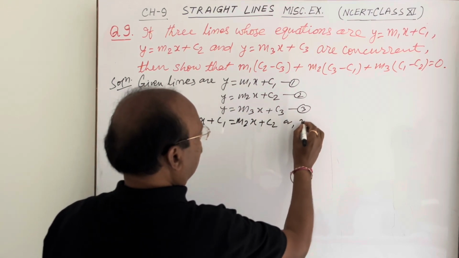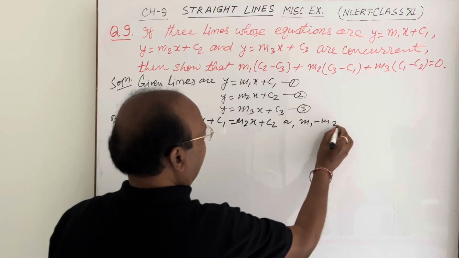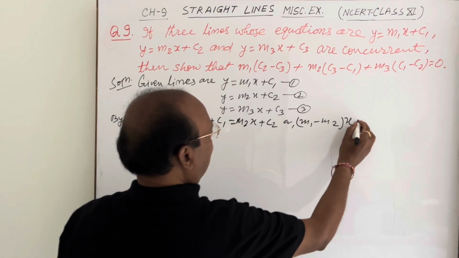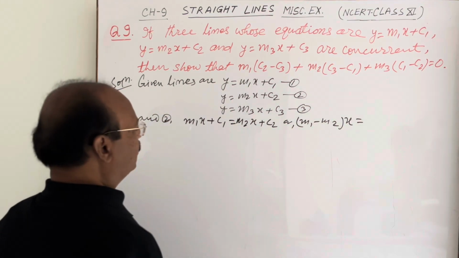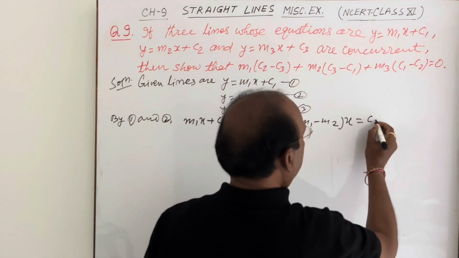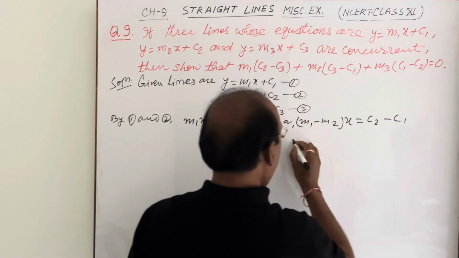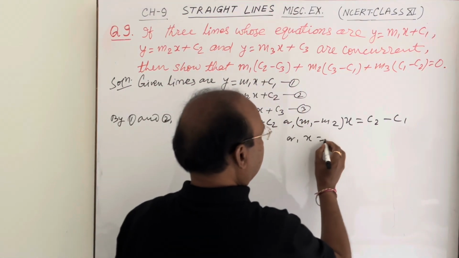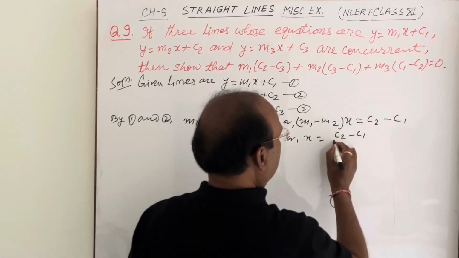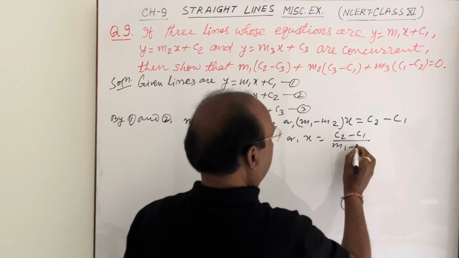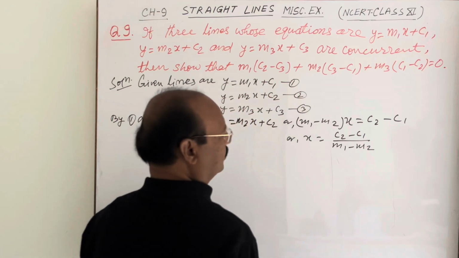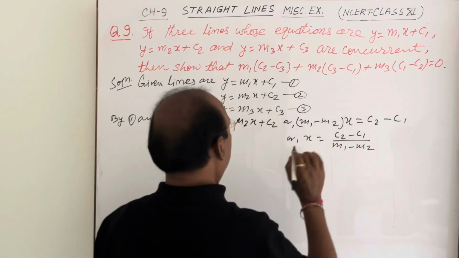Or (m1 - m2)x = c2 - c1, or x = (c2 - c1)/(m1 - m2). Okay, we are getting the value of x here.